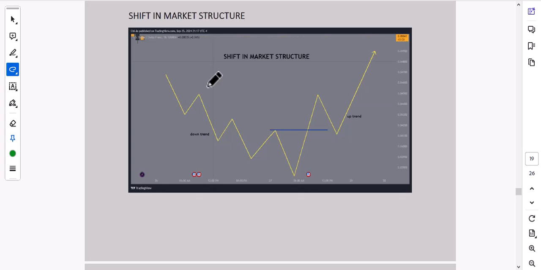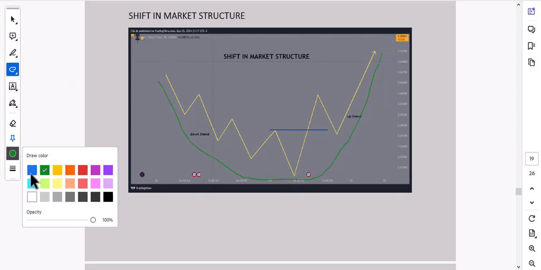So what do I mean by that? If you can watch from this point, we had a downtrend, which means a bearish condition, but then at this point, what's happening? We're now having an uptrend. So I use two things to help me remember this.